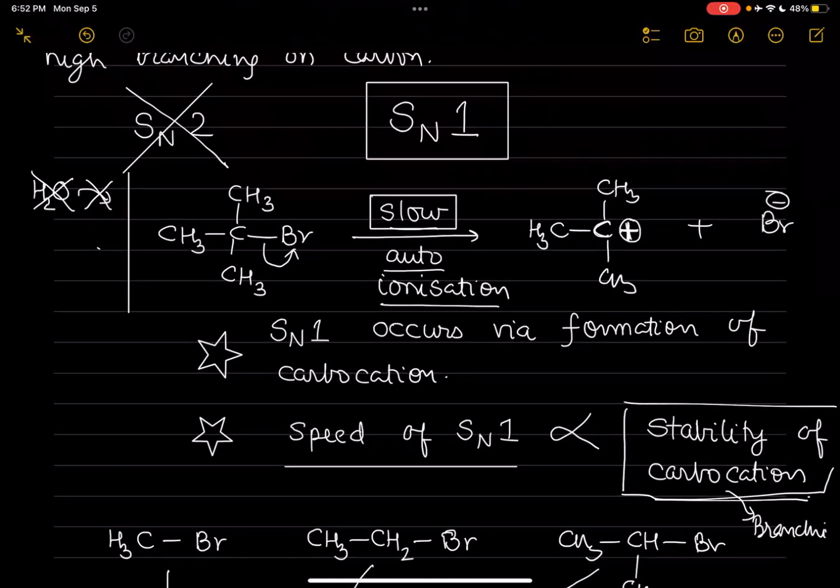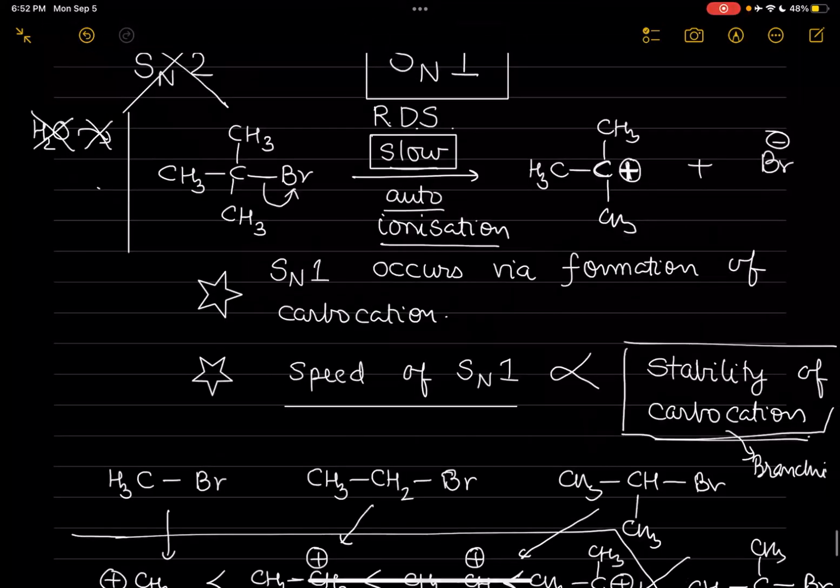This is the heart of SN1. This is the RDS, the rate determining step, the step which controls the overall rate, which can make it faster or slower. It is actually the breaking of the leaving group. It appears to be slow, but if the carbocation being formed is very stable, then the leaving group can come out very easily. It can break apart very easily.